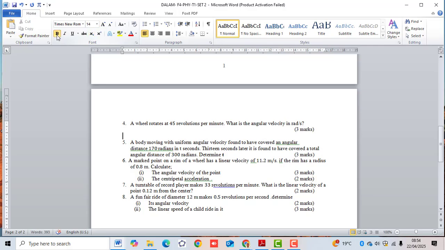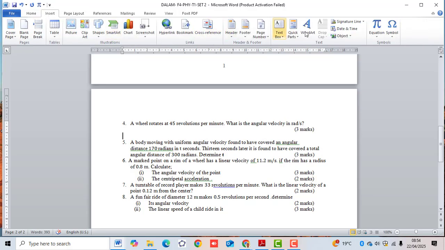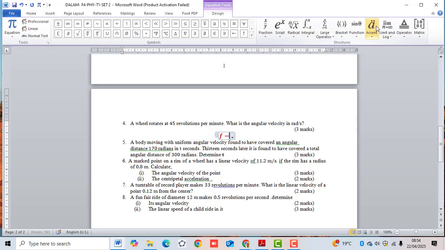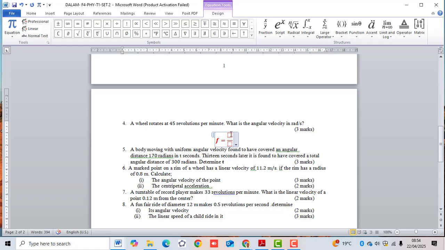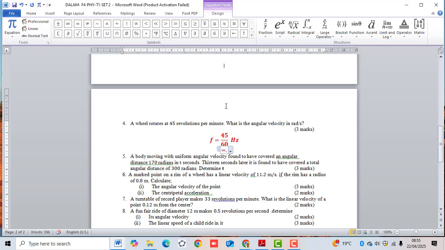I first found frequency, f, which is equal to 45 over 60 hertz.